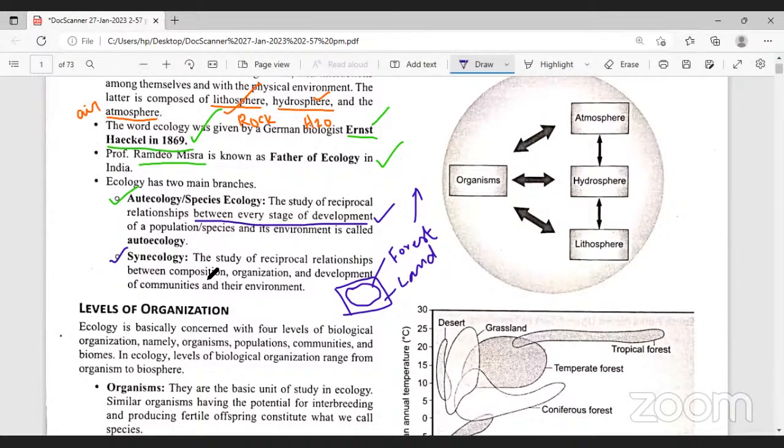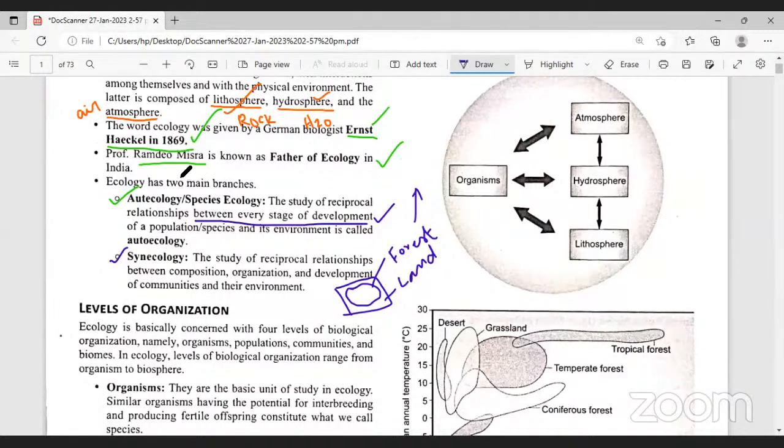A rough surface is not present in them. Take the example of a tree: a woody part is there. Suppose it is a tall tree, what happens? The biomass as well as the composition will differ from lower plants to higher plants. That is very, very important, my dear students.